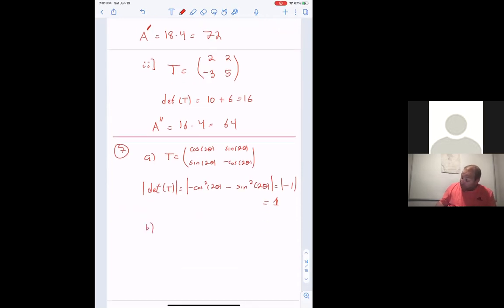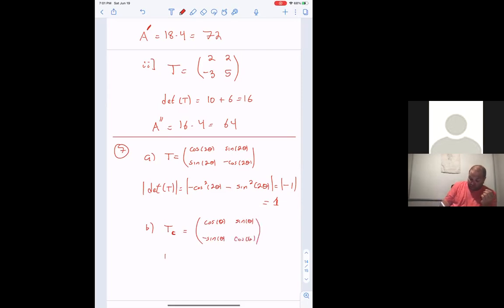How about a reflection? Sorry, that was a reflection. How about a rotation? Well, there's 2 different rotations, depending if it's clockwise or counterclockwise. So we'll say TC for T clockwise is [cos θ, sin θ; -sin θ, cos θ].